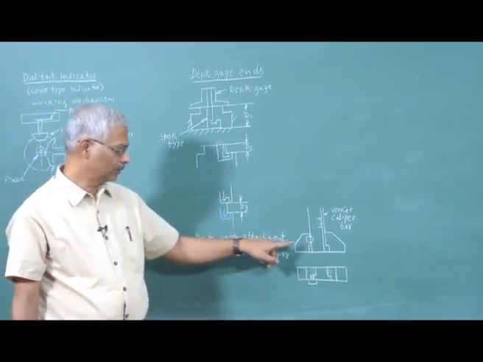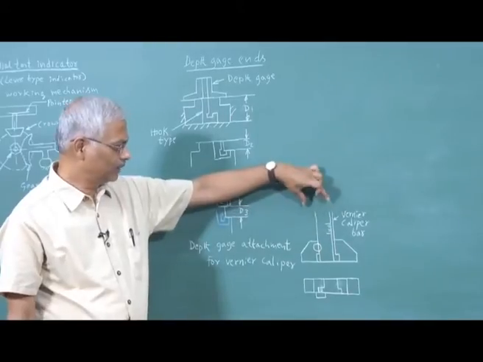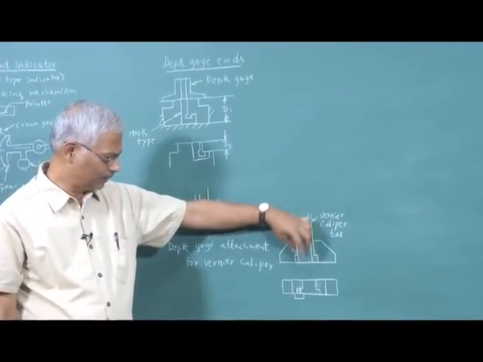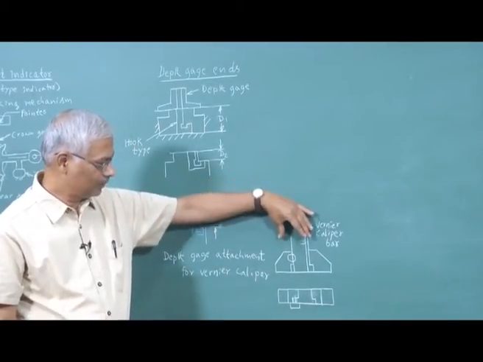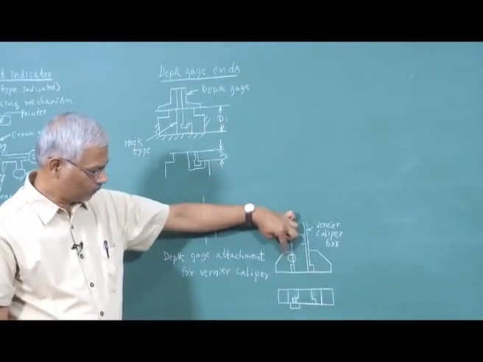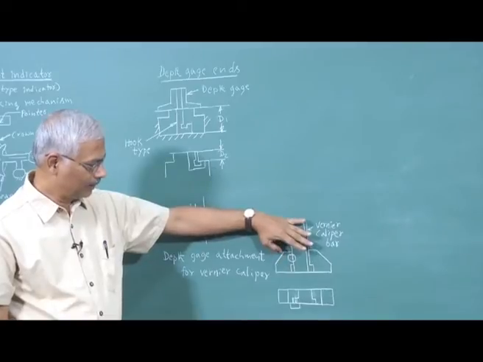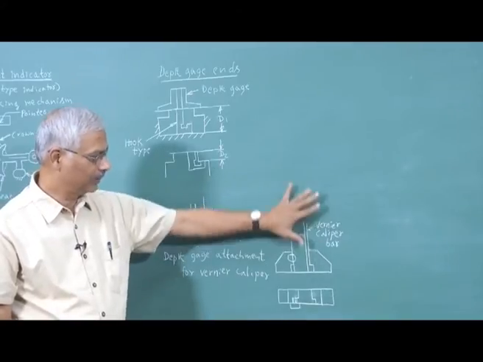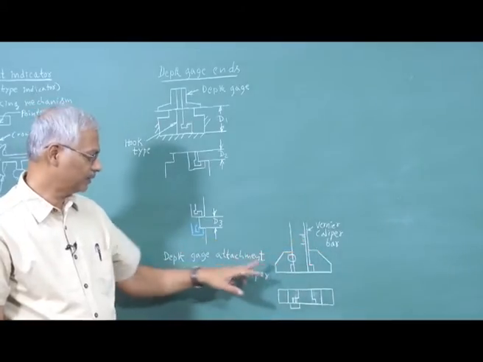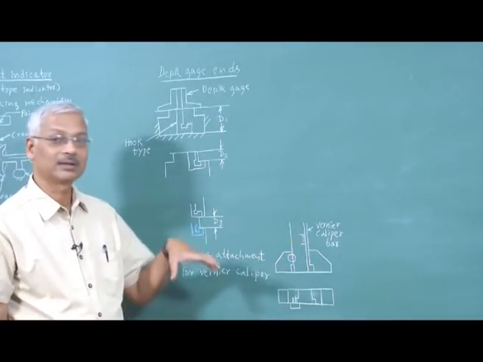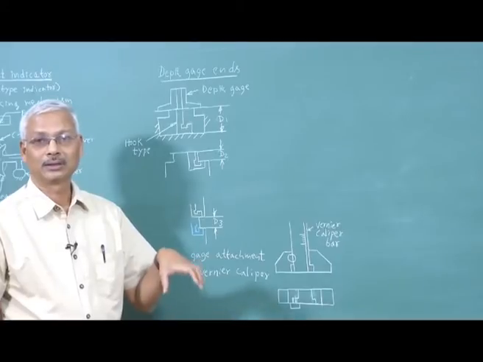You can see here the vernier caliper can be inserted, there is a slot or groove here. Through that we can insert, and then there is a screw, we can clamp it, and then we can use that complete assembly for depth measurement purpose. So, by using this attachment to the caliper, we can comfortably measure the depths.